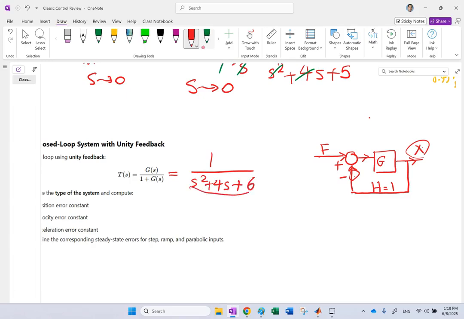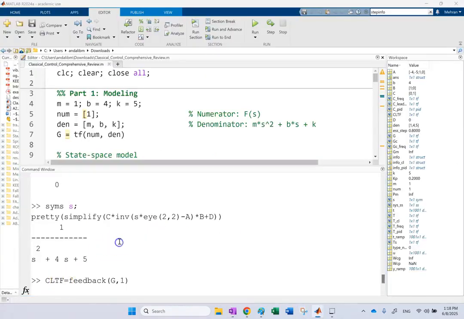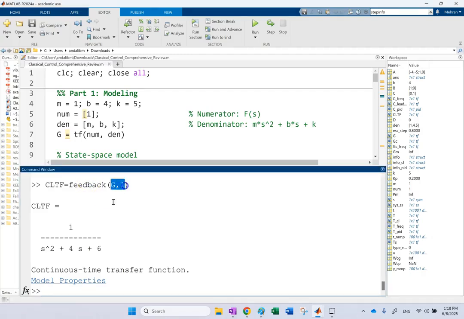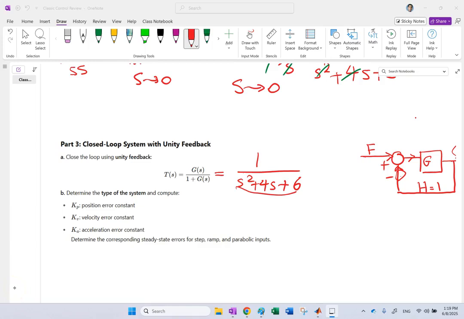So this is your characteristic polynomial. And in MATLAB, if you want to get that, you can do it with the command feedback. So you say, hey, give me the feedback of G and 1, which is H, and this is your closed loop transfer function.